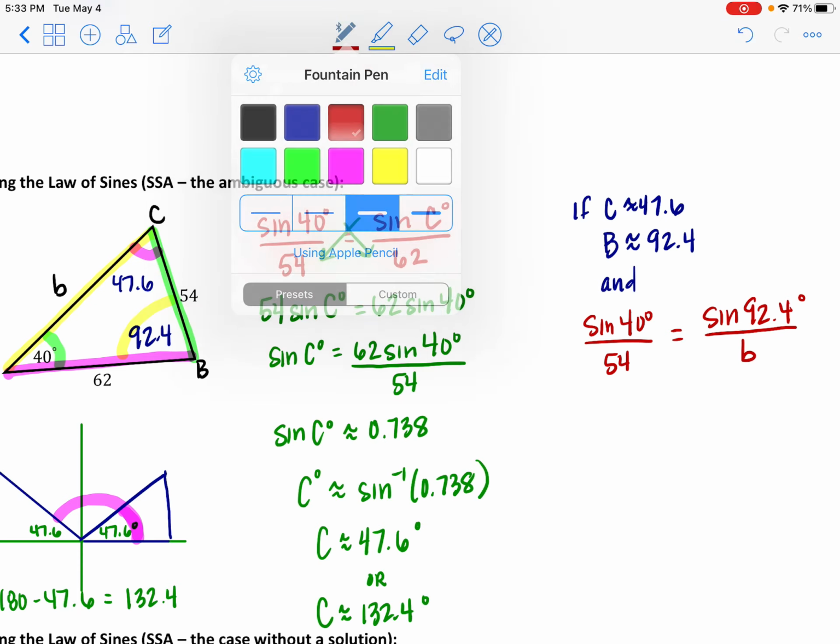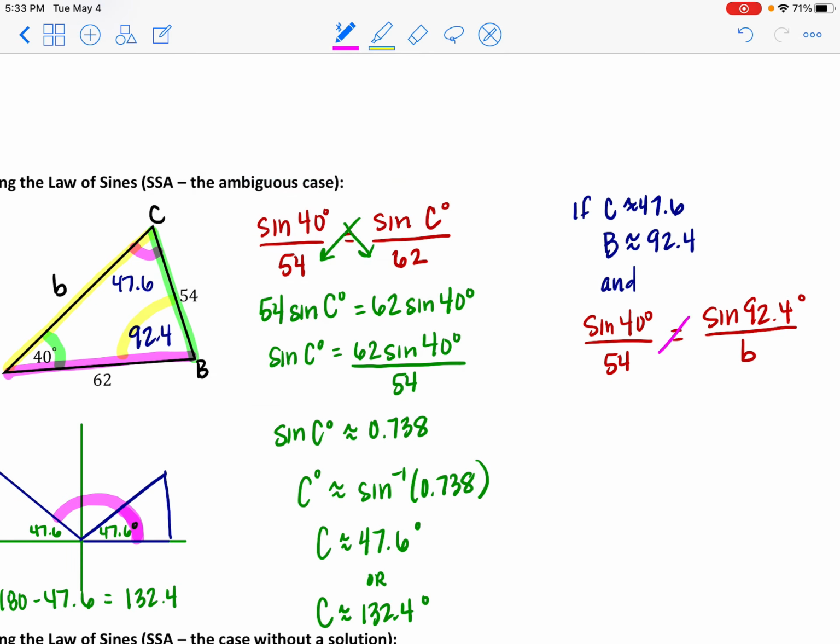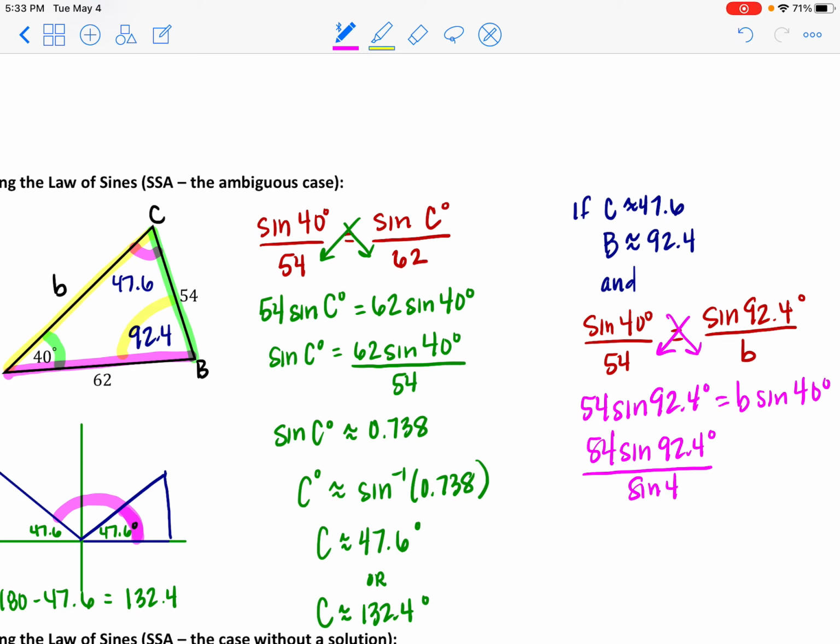So if I cross multiply, 54 times the sine of 92.4 is going to equal b times the sine of 40. And if I divide 54 sine of 92.4 by the sine of 40, I figure out one of my possibilities for b.